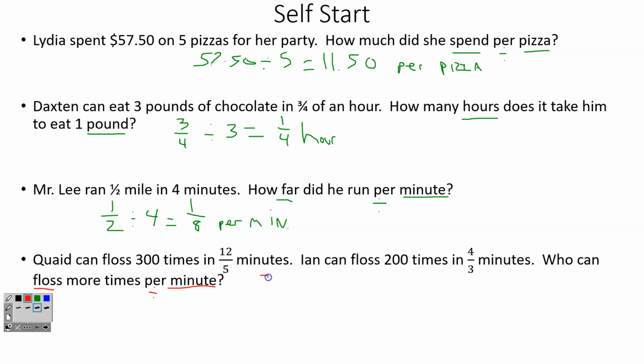So let's start with Quaid. So I'm going to do 300 divided by 12/5. So 300 divided by 12/5 gives me an answer of 125. So you can do 125 flosses per minute.